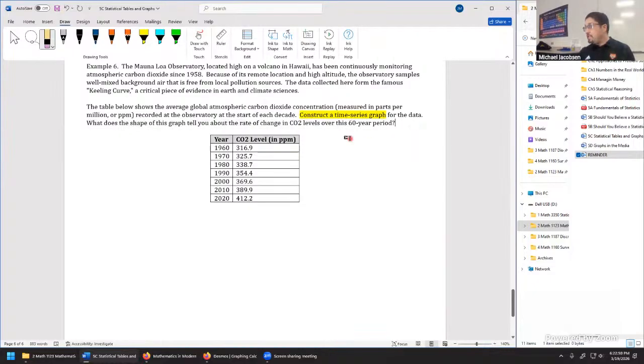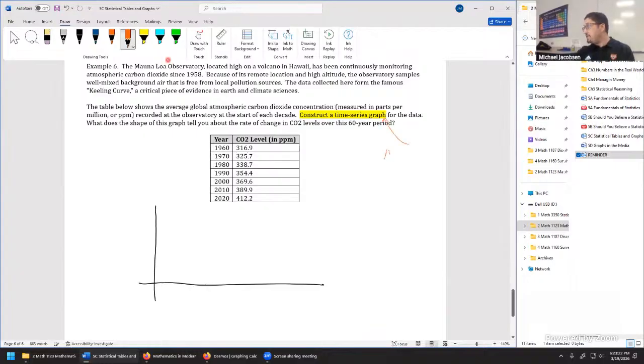Well, it's a whole new display, a time series graph, but we start off in a similar way. We're going to make one axis be horizontal, another axis be vertical. But in a time series graph, there's one big requirement.